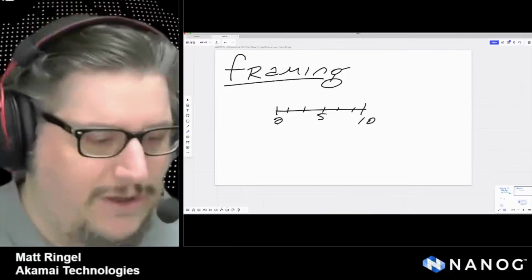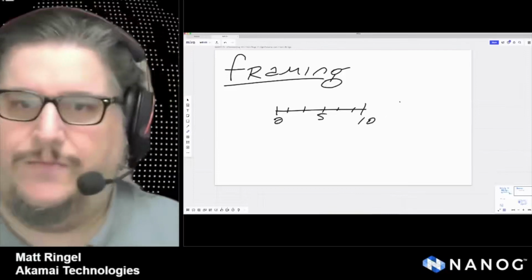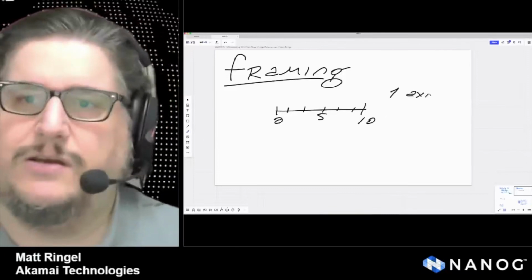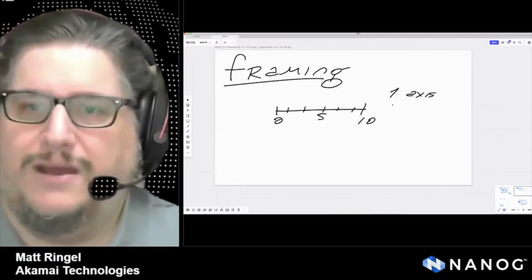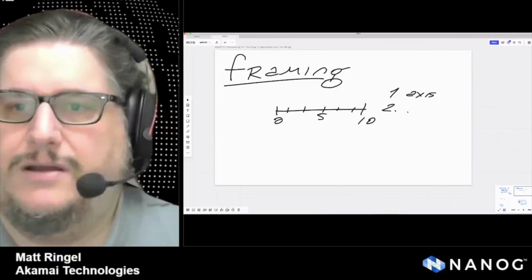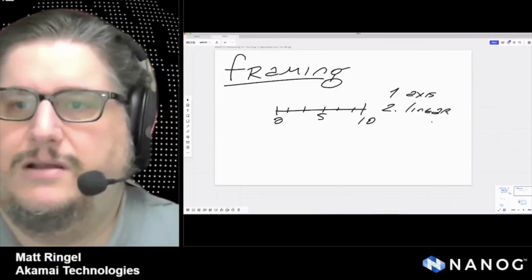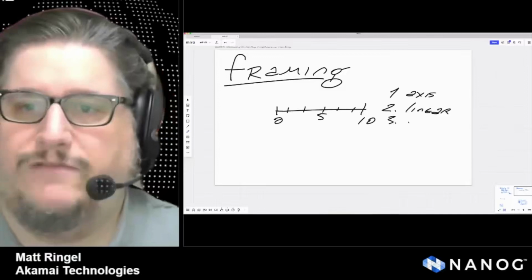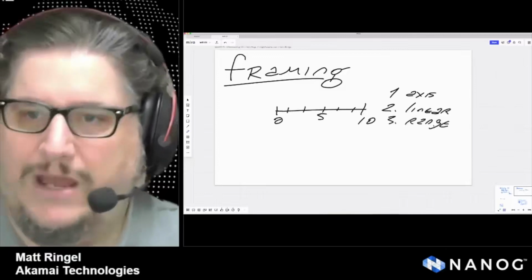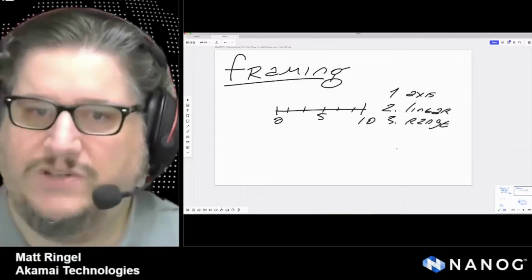Now I've told you there's only one axis, right? So one axis. Things are linear among it. Linear distribution. I've told you what the range, I've told you the extremes of the range. So how we're going to think of this between 0 and 10.